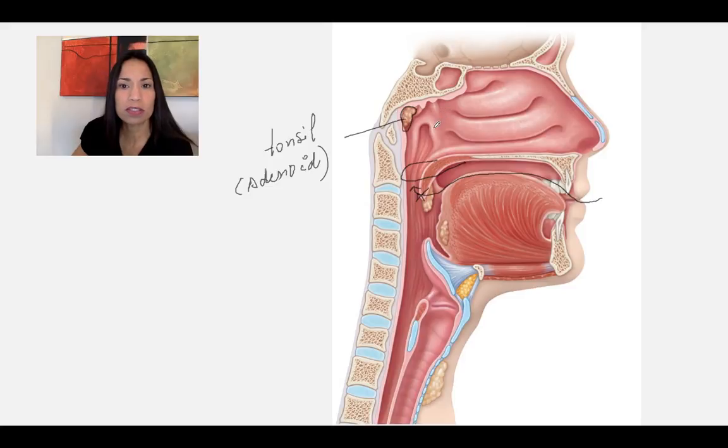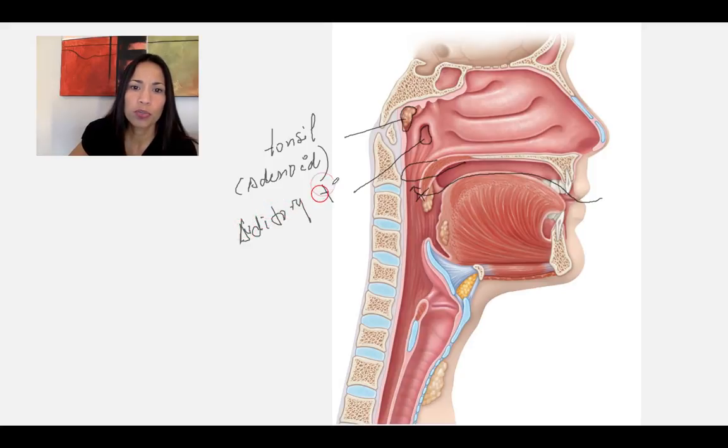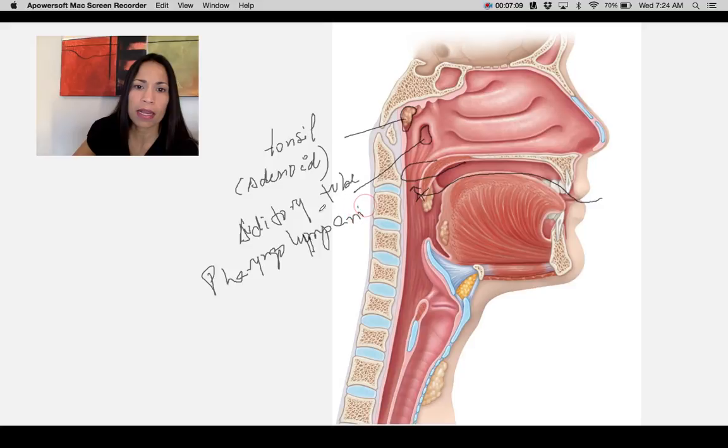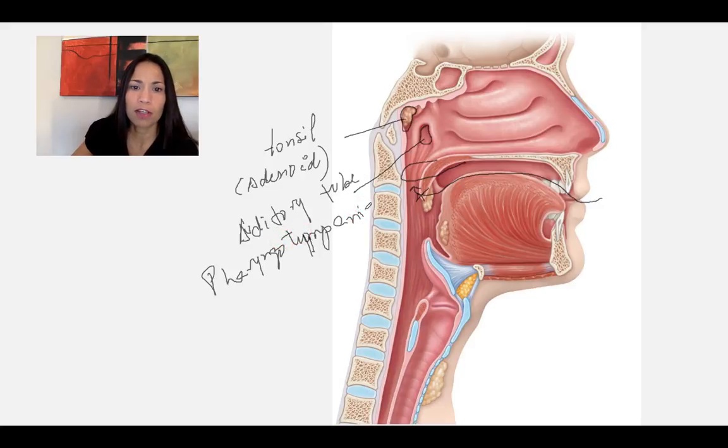Another important structure, the second structure that we're going to describe here in the nasopharynx, is the auditory tube. This is the auditory tube, and it is also called the pharyngotympanic tube.